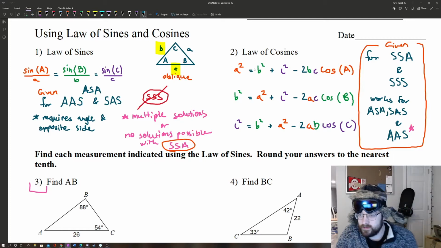Anyway, so let's look at law of cosines. We have B, C, what else are we gonna be given?